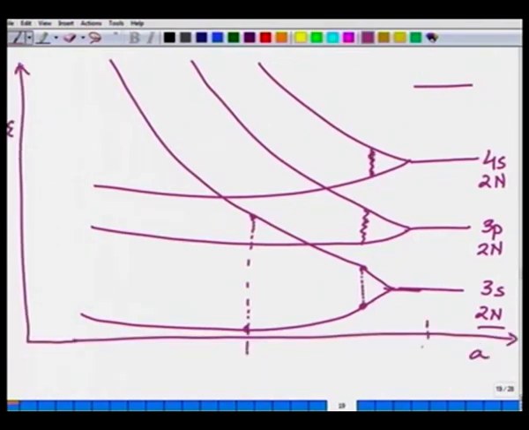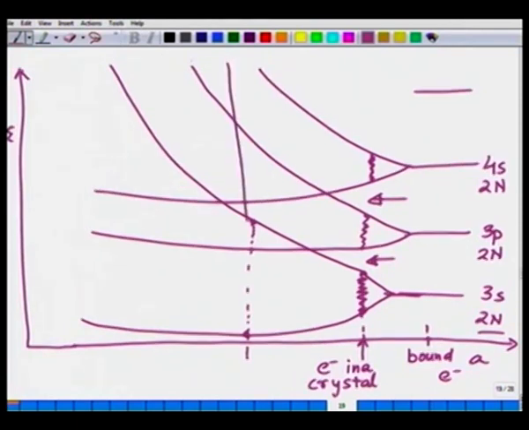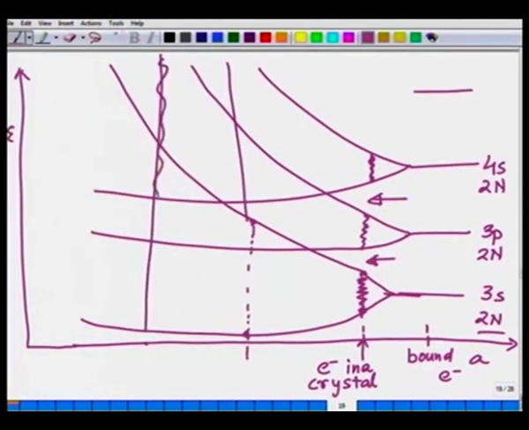At this A value, I am in the situation of a bound electron. At this situation, we are electrons in a crystal. Namely, these are the allowed energies and there is a gap in energy. Whereas as I move here, in this region, this is a free electron, all values of energy are allowed, and there is no gap in this case. So you can visualize physically where the band gap emerges. Okay, with this let me close the lecture.